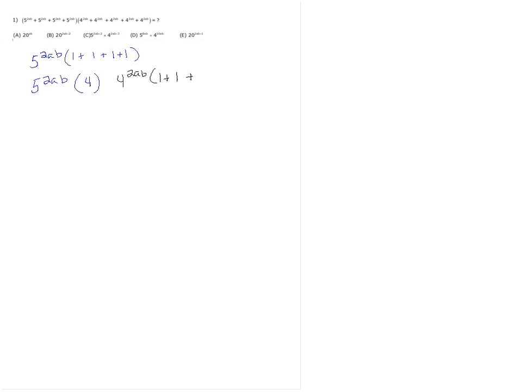When you pull 4 to the 2ab out of itself, we leave a 1 behind. A lot of students make the mistake and do a 0, but it's not. When you pull it out of itself, you leave a 1 behind. So then this breaks down to 5 to the 2ab times 4 times 4 to the 2ab times 5.